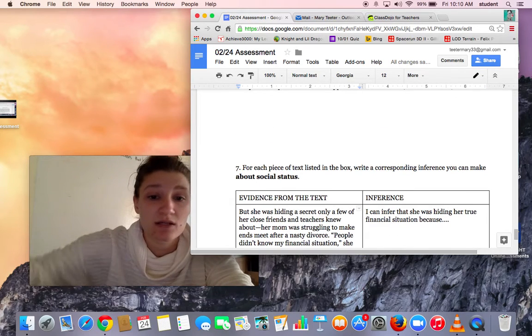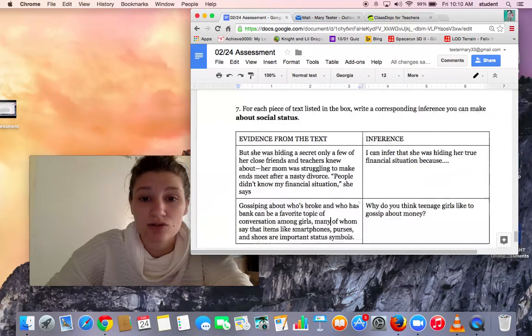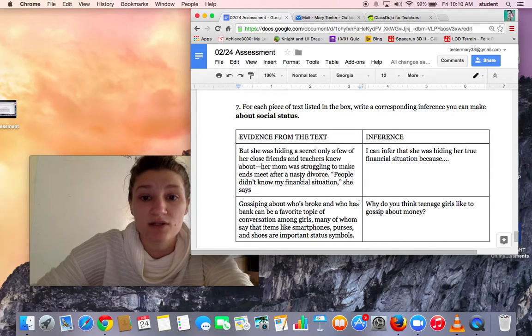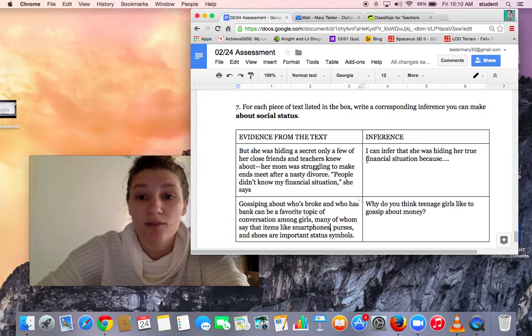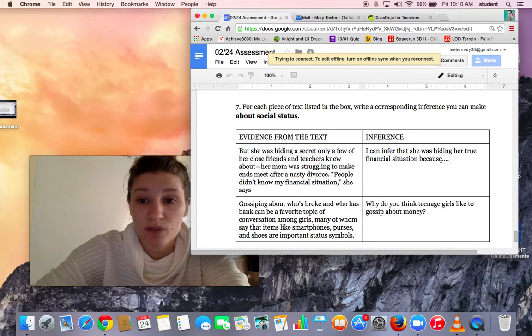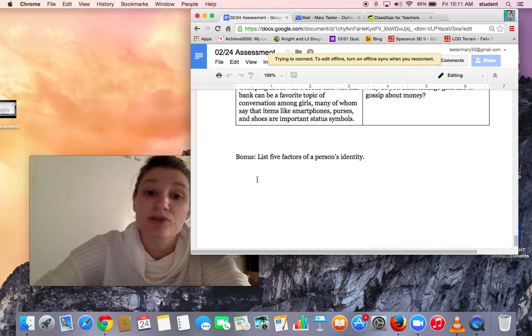Question number 7 has 2 pieces of evidence from the text. First, what you're going to do is look at that evidence from the text and make an inference. So you are only responsible for filling in the inference box and finishing those sentences. And then there is a bonus question at the end.